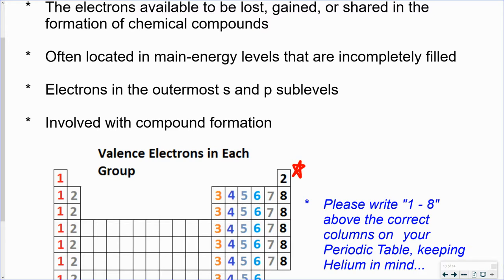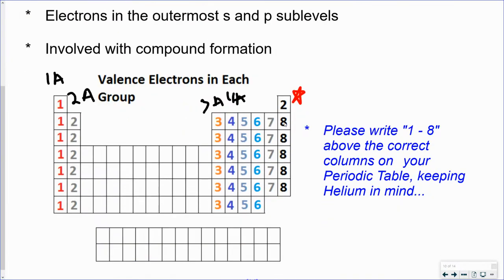Okay, so this would be 1A, 2A, 3A, 4A, so on and so forth. Now, they're in Roman numerals. Okay, notice the one big exception is helium. Helium can only have two because there's only two electrons that can build up into it.